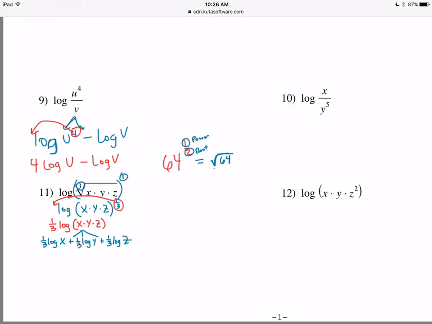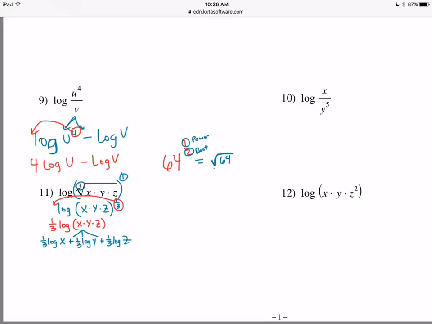Okay, so the reason I was able to do that is at the very beginning, rather than keeping it inside of a radical or a cube root, I can change it into a rational exponent, or change it to the 1/3 power, move it to the front of the logarithm, and then split it into its 3 separate pieces.